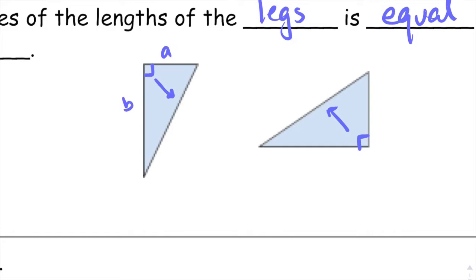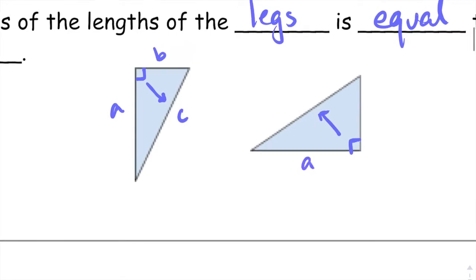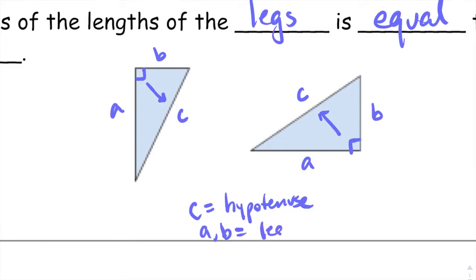We could label these as A and B. It doesn't matter how you label them. Likewise, this could be A and this could be B. Those two don't matter, but C must always be the hypotenuse. So you could even write C equals hypotenuse always, and then A and B are equal to your legs.